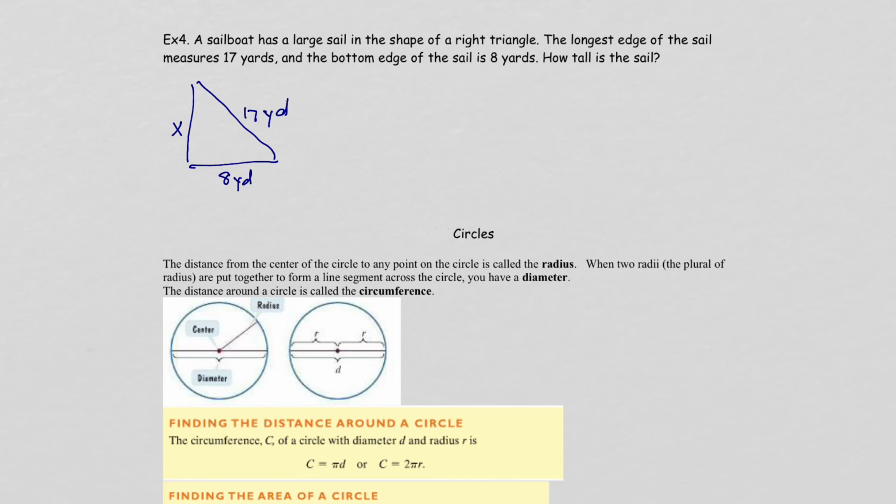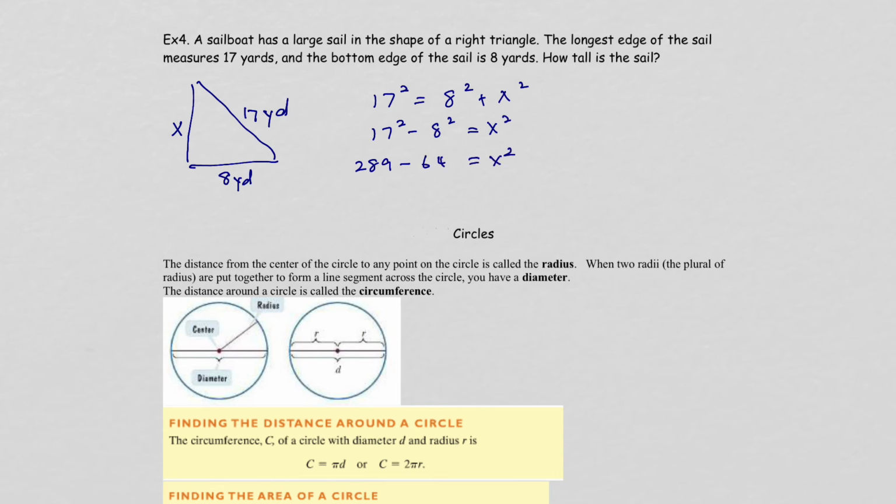So this time, you have 17 squared equals 8 squared plus x squared. And then 17 squared minus 8 squared will become x squared. So 17 squared becomes 289, 8 squared becomes 64.